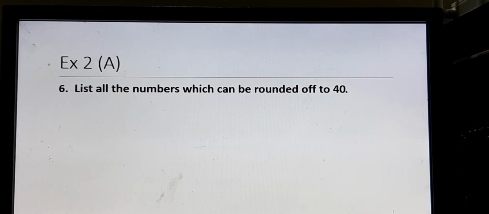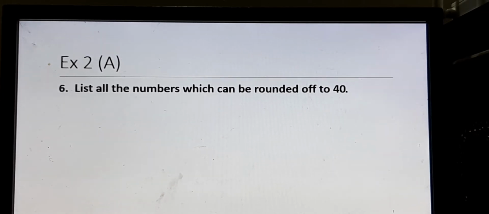So, we are getting an answer after rounding off: 40. So, which numbers can be rounded off to 40? Think, some numbers before 40 and some numbers after 40 can be rounded off to 40, isn't it? So, which are those numbers?